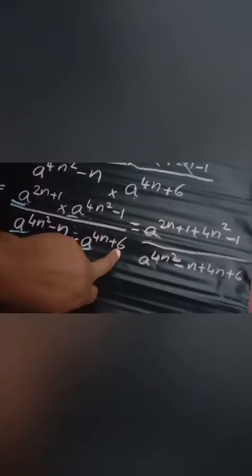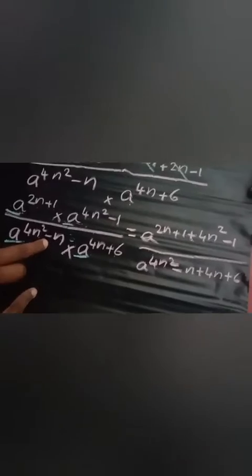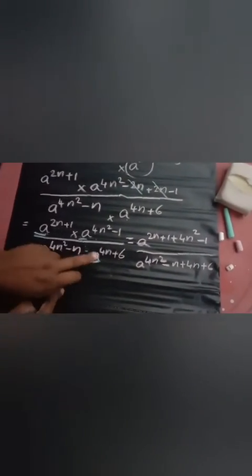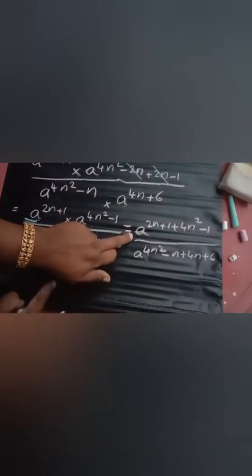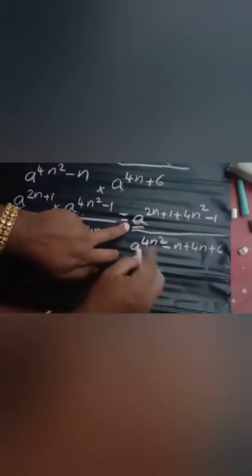Clear? A raised to 4n square minus n plus 4n plus 6, no need to put a separate bracket. Now, see here, numerator a, denominator a.